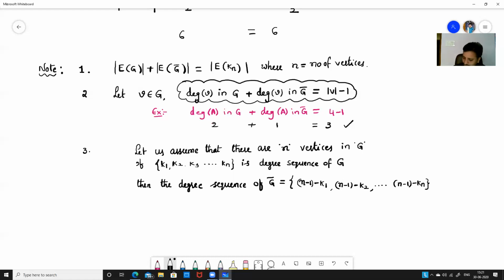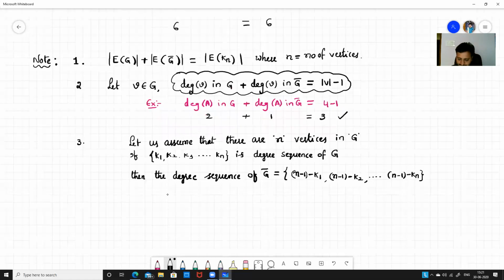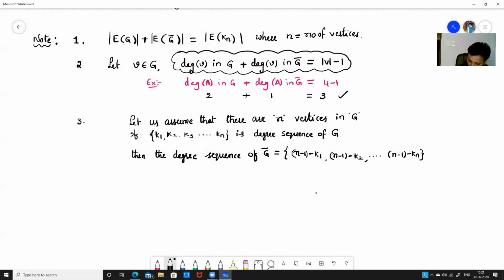Let me take the previous example which we considered. Degree sequence of G is equal to, instead of going back to the previous problem, we'll take another example.